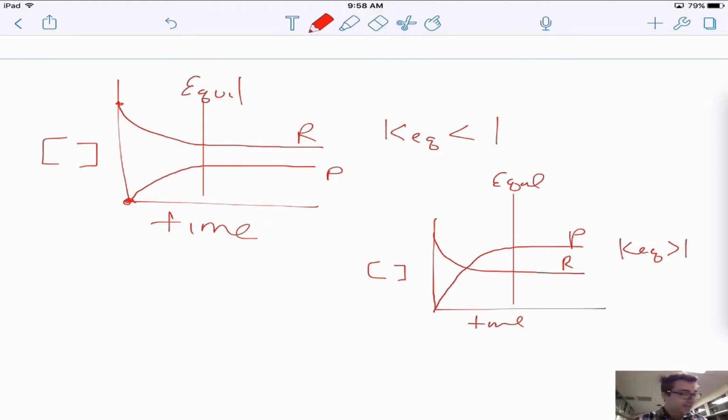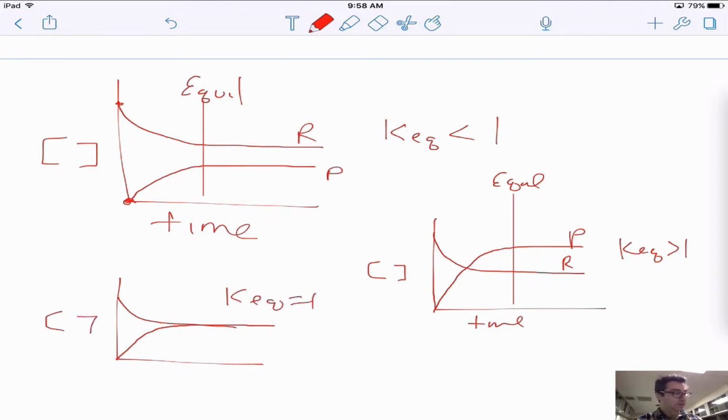Now imagine if you had a KEQ equal to 1, well, you'd have your reactants coming down here, and then you'd have your products coming up here, and then they would end up where the lines meet. And in this case, you'd have a KEQ equal to 1.